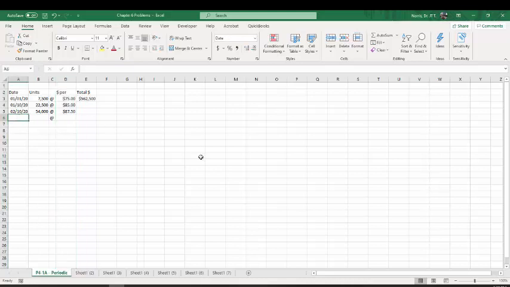Then we have a March 5th purchase of 45,000 that cost us $89.50. And then lastly, we had a purchase on March the 25th of 7,500 units at 90.